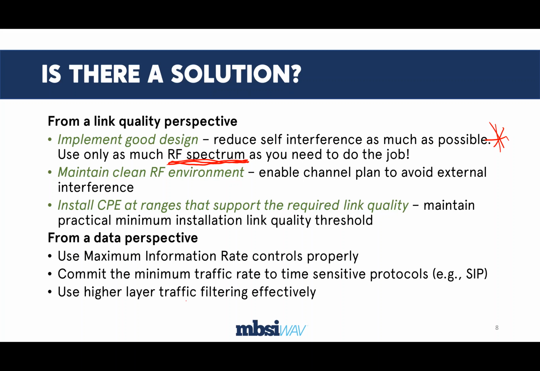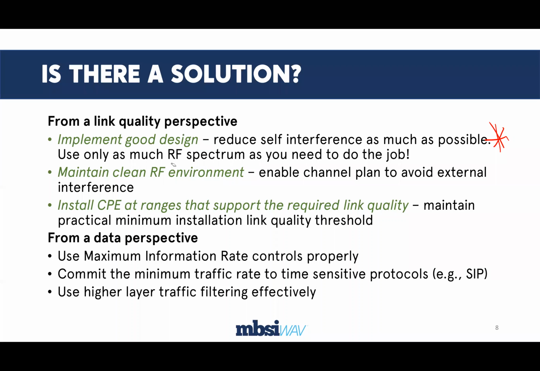There's no need for it these days. We have GPS synchronization. We have other features in the broadband equipment that we can use to reuse spectrum much quicker than every sector being on its own frequency.